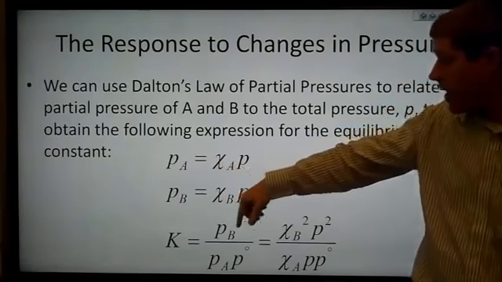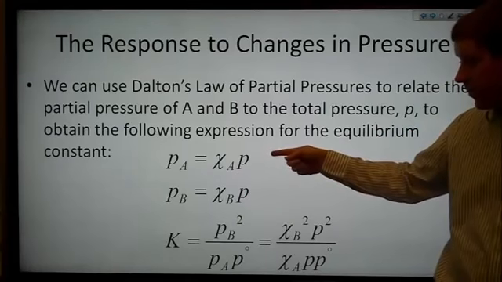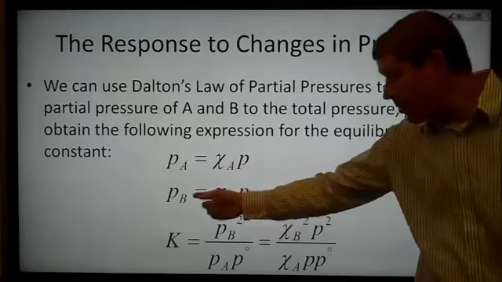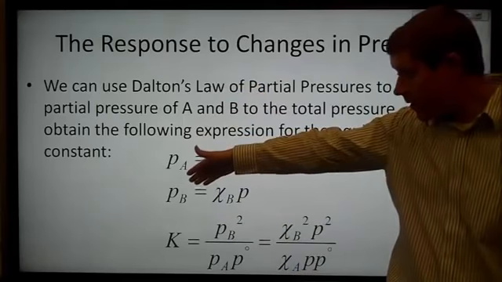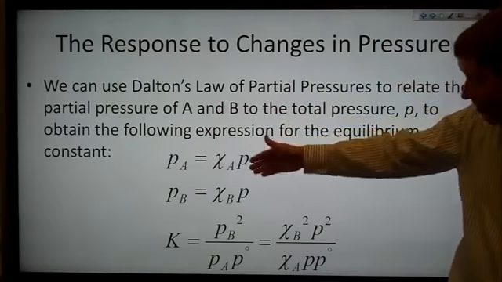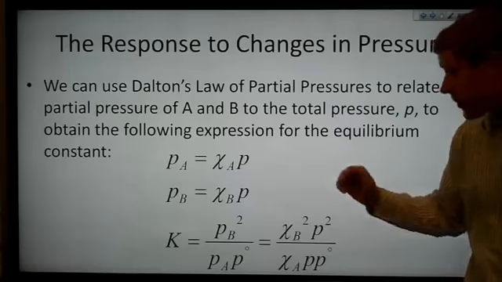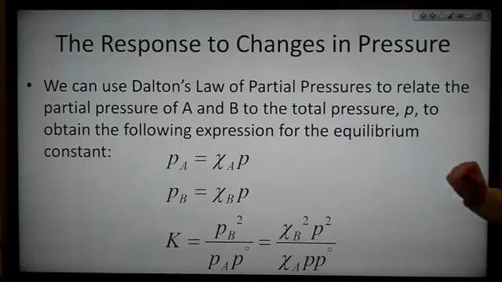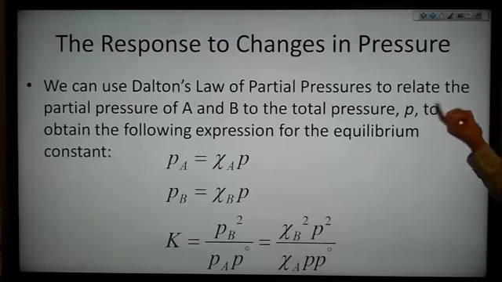The partial pressure of A is equal to the mole fraction of A in a mixture times the total pressure of the mixture, and similarly for B: the partial pressure of B is the mole fraction of B times the total pressure. So we can use Dalton's law to relate the partial pressure of A and the partial pressure of B to our total pressure P.